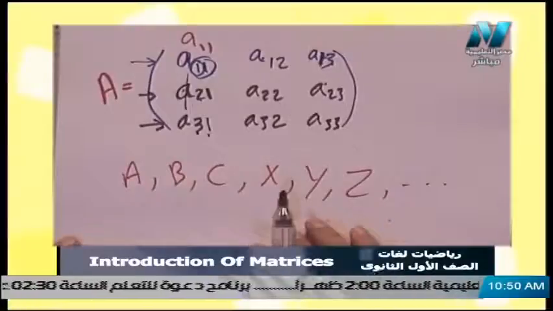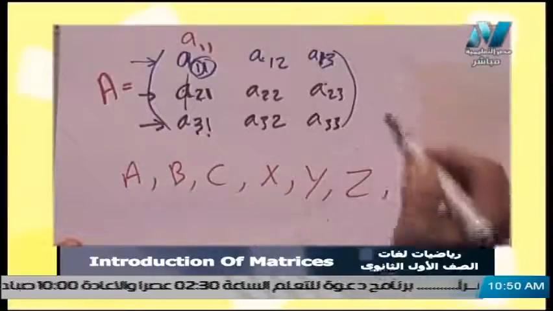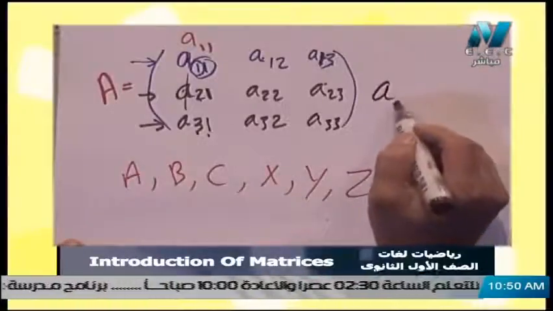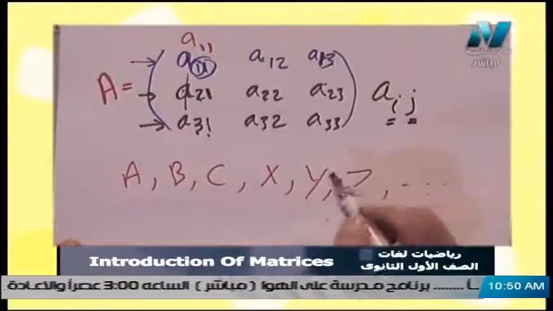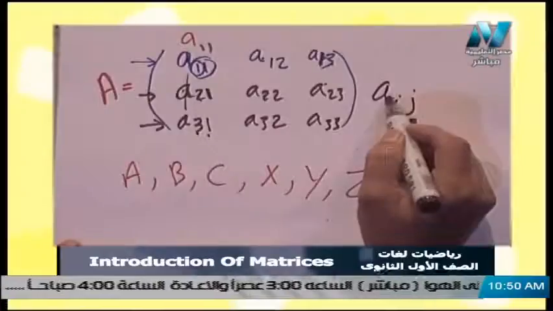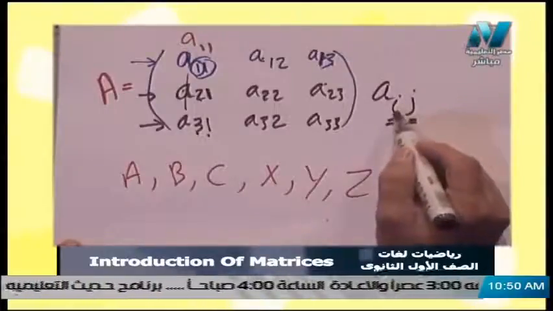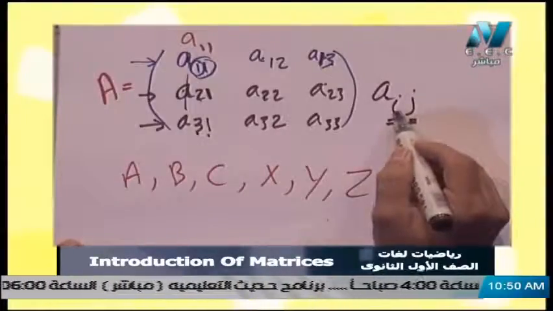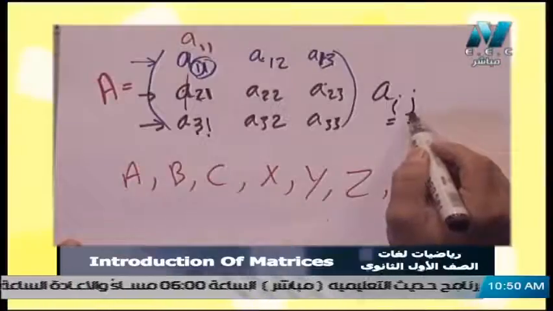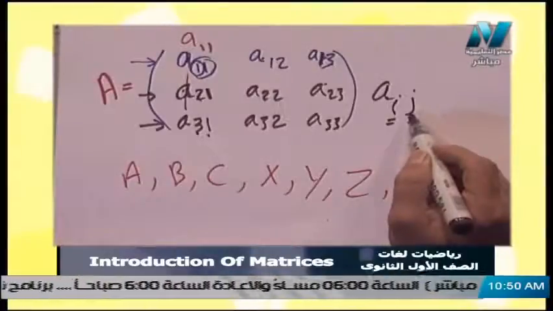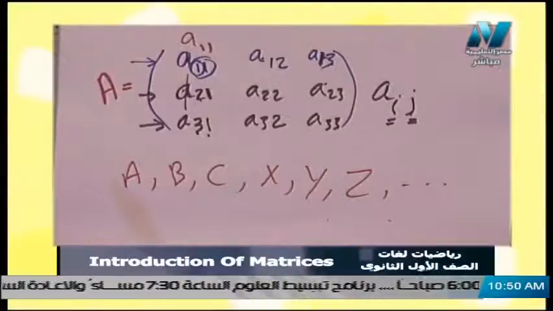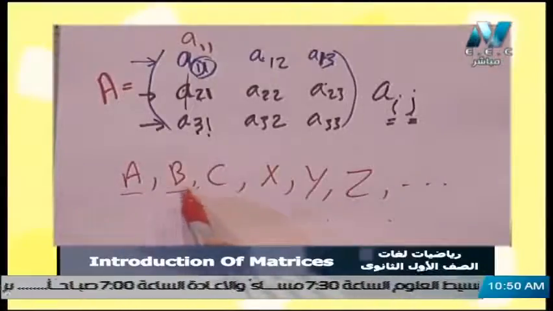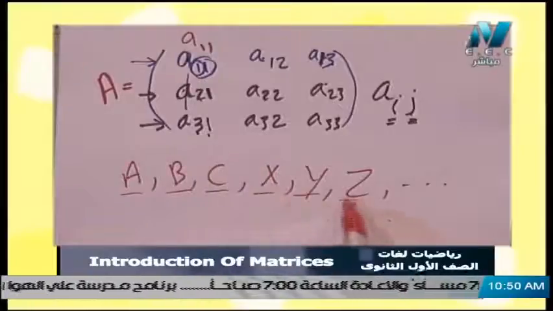Okay, generally we use small a, ij. What is i? What is j? Small a expresses the element itself, and i expresses the number of rows. j expresses the number of columns. So we will revise again. Capital letters are used only for the matrices themselves.